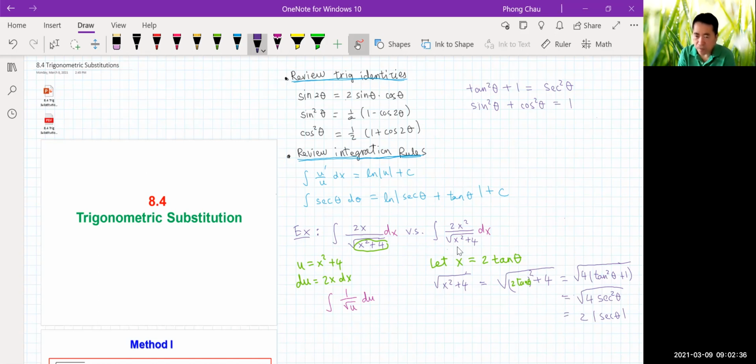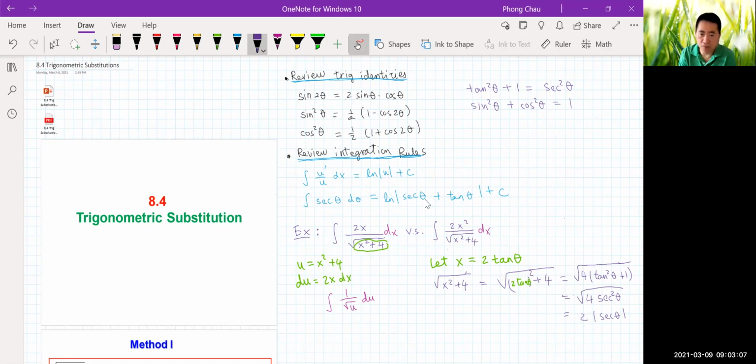Because you see the x squared plus a constant, I'm thinking it's going to be tangent squared plus 1. If you put just the tangent, then you have tangent squared plus 4, so it doesn't have the form that we need. So I need an extra factor 2 there, so that it makes 4 tangent squared, and you take out the 4, you get tangent squared plus 1.